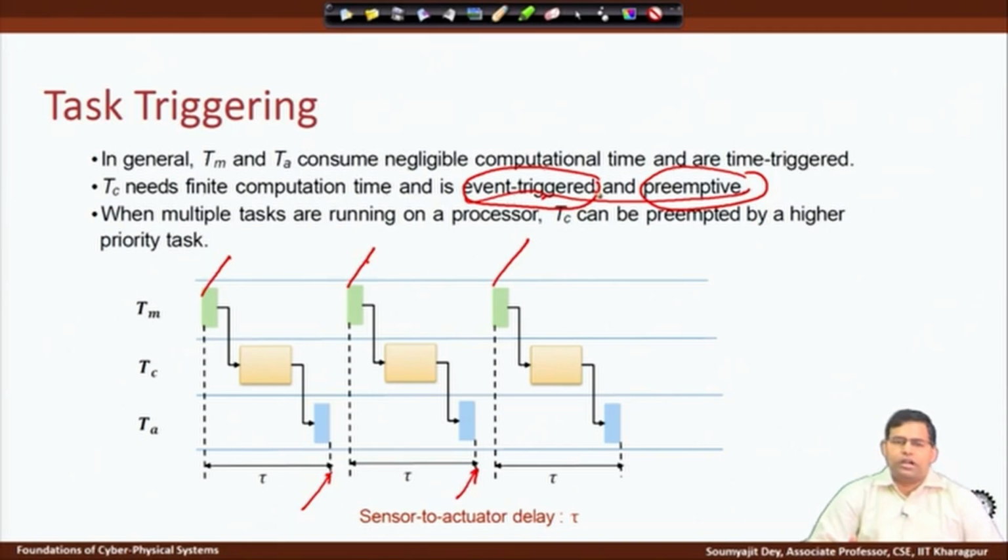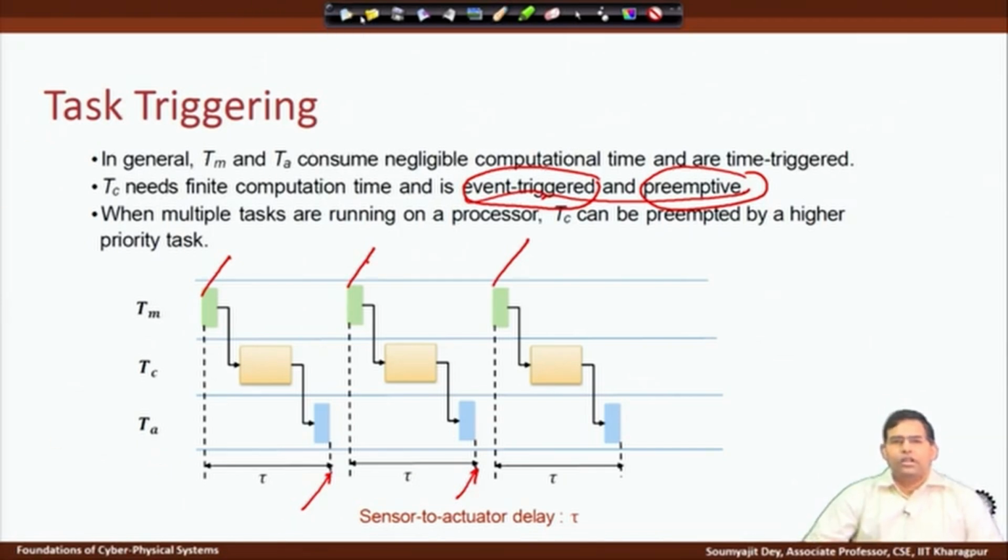Only when those are done, and other high priority tasks are not executing, will this execute. So it is decided based on the relative events around it. It should happen sometime between Tm and Ta, but that exact time is not deterministic. It depends on the events happening around it, the other tasks and so on.